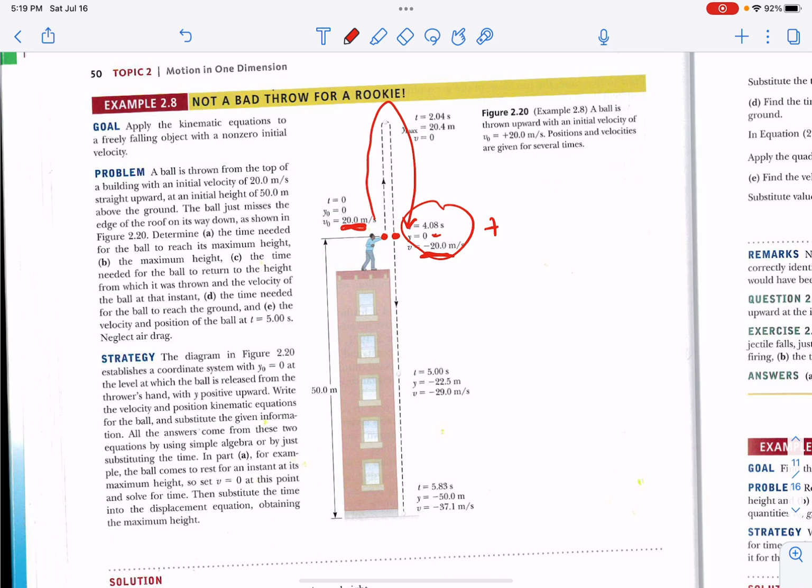These are the values you plug into your kinematic equations to do the rest of the problem all the way down.